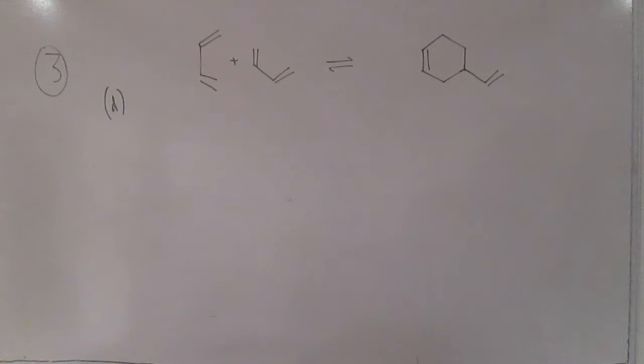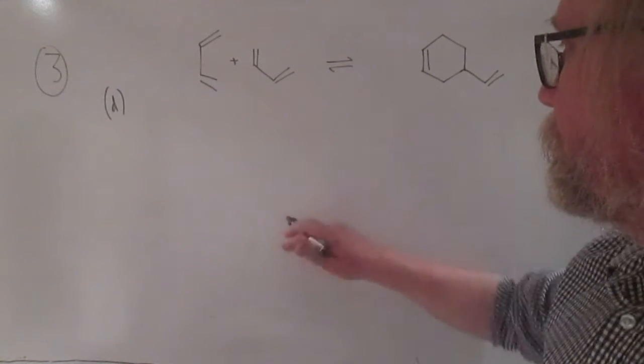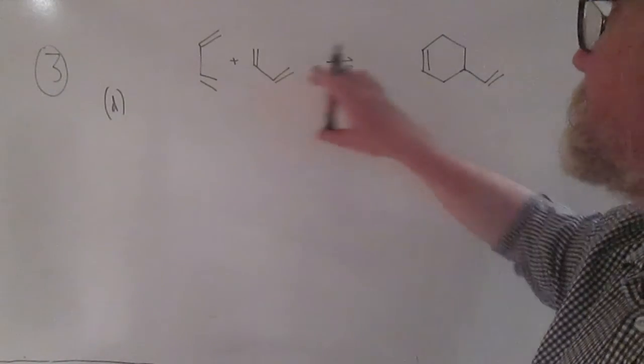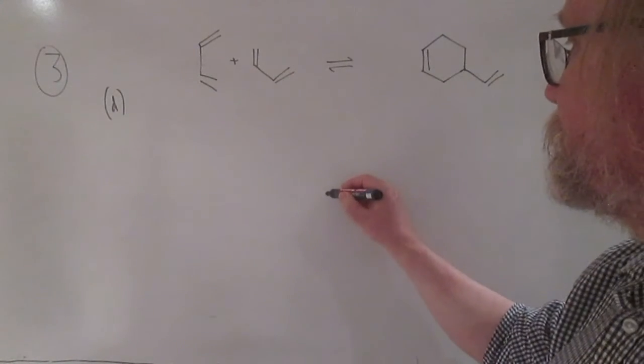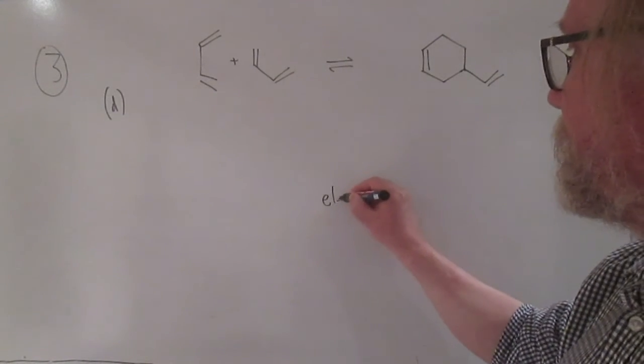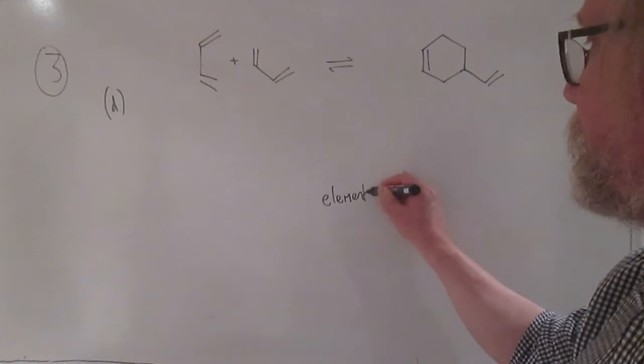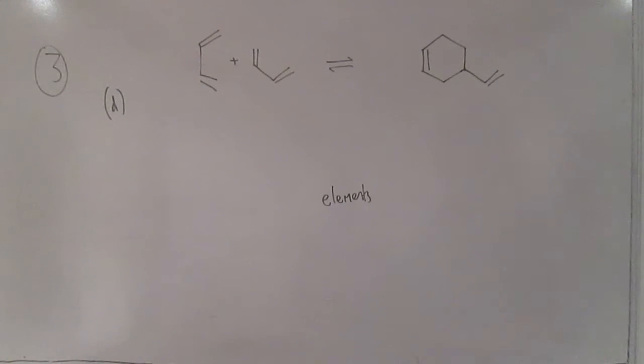And in this case it tells you that the numbers you have are enthalpy changes of formation. As soon as you see that, you remember that what connects this side with this side in your cycle are the elements that these compounds are made from. Because the enthalpy change of formation is the enthalpy change when 1 mole of a substance is formed from the elements it's made up from.